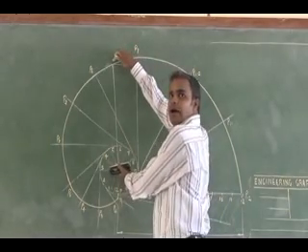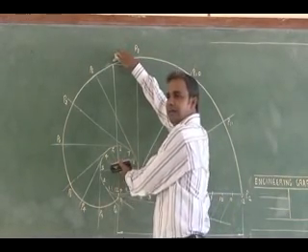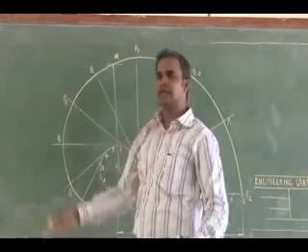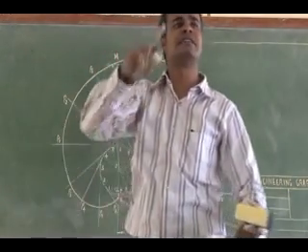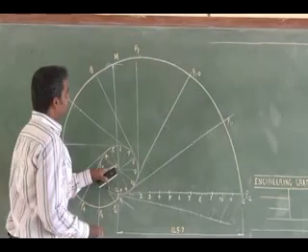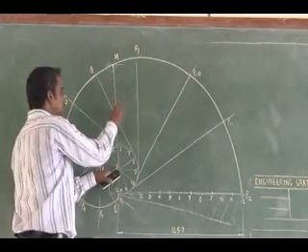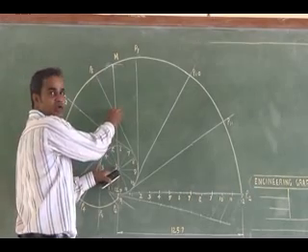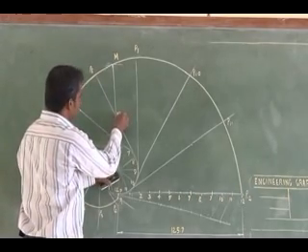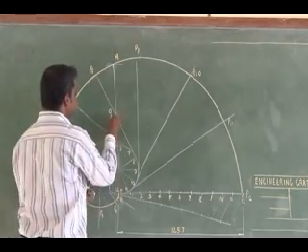Using O and M as diameter, you draw a semicircle in the direction of the involute. How can I draw it? OM is 90 mm, so you mark the center for OM, that is 45 mm. This is my center.